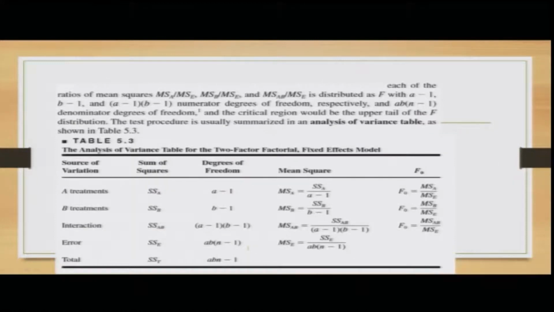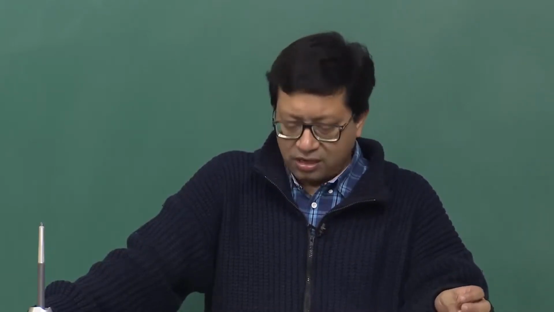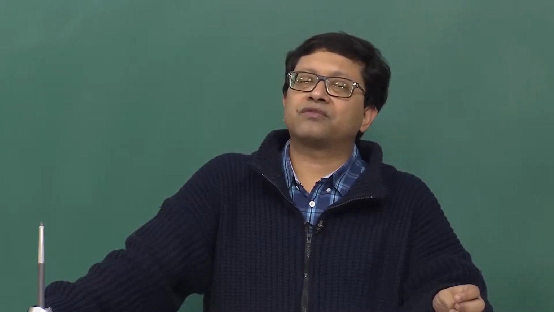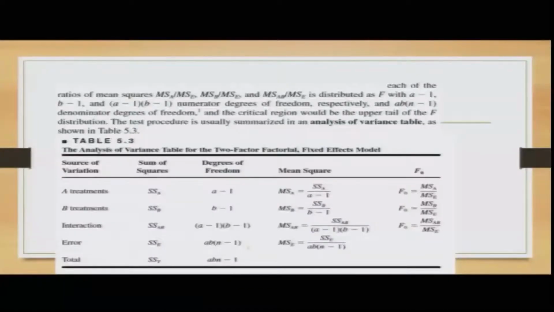Now, what we need to find out are the ratios of the mean squares, which give the values of the F distribution. So, what are the ratios? One would be the mean square for factor A divided by the mean square of the errors. Another would be the mean square of factor B divided by the mean square of the errors, and another would be the mean square of the combination of A and B divided by the mean square of the errors. They would be distributed as F with degrees of freedom small a minus 1, small b minus 1 and a minus 1 into b minus 1 respectively.